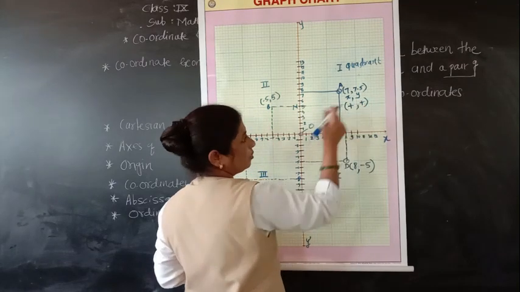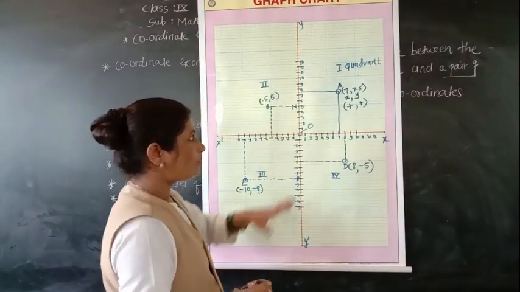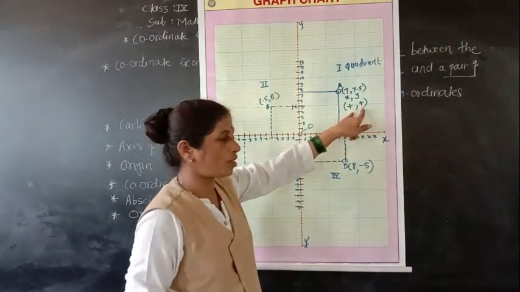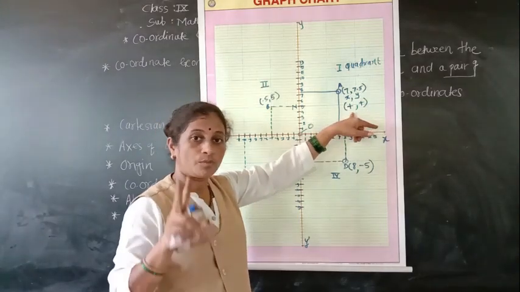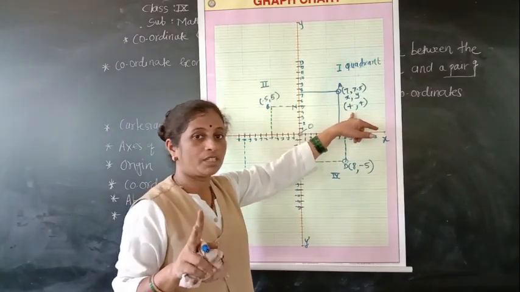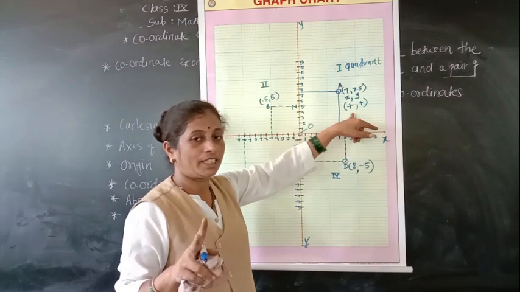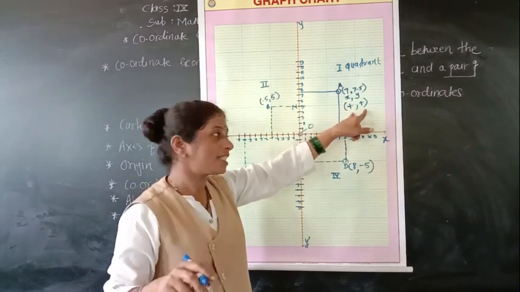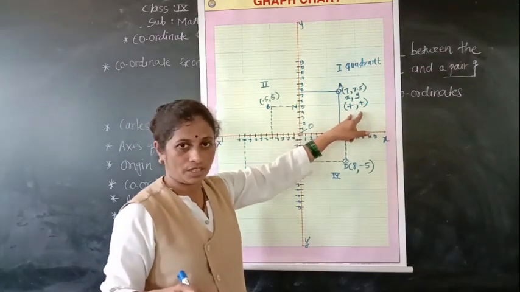So in the first quadrant, the signs are positive. If both coordinates of any point are positive, then in which quadrant does it lie? It lies in the first quadrant.